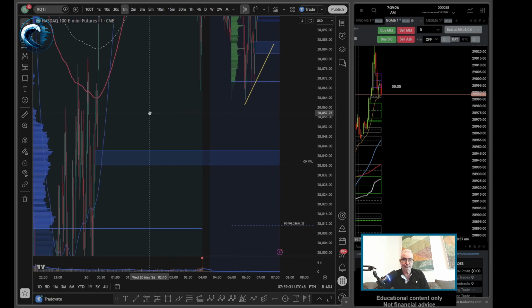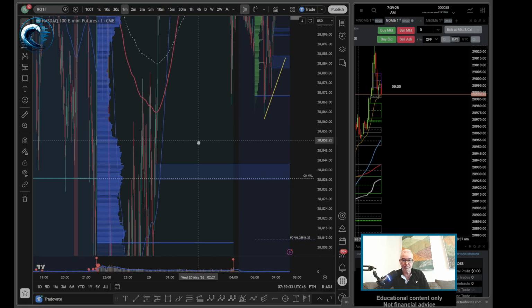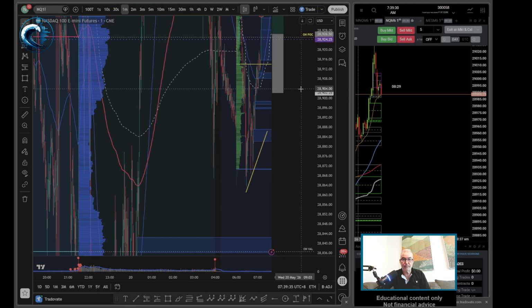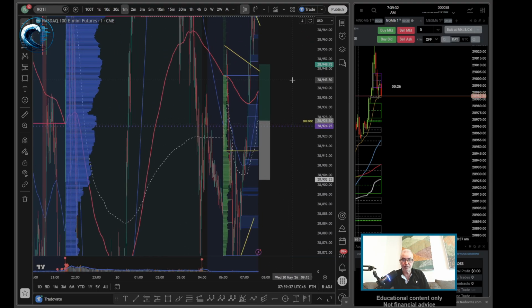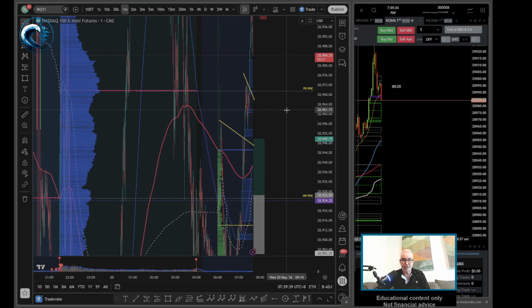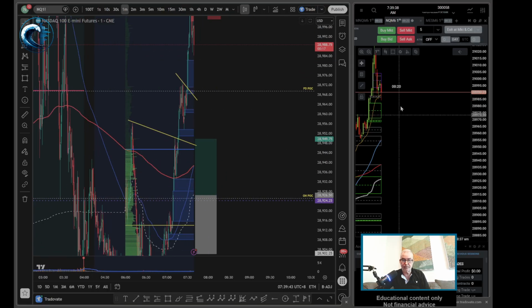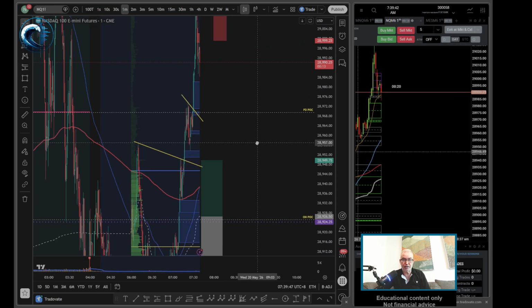I don't know what's happened there. My points moved. So what's a good idea to check them? Because sometimes, I don't know if it's just because I've got Tradovate set up on the same chart and it sometimes loses display sync.